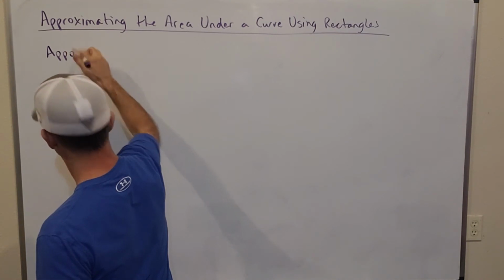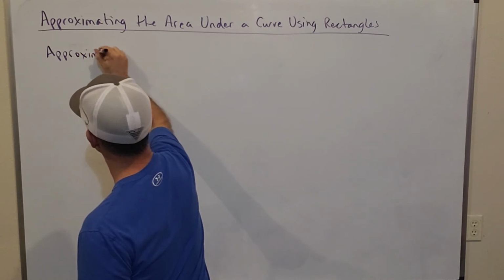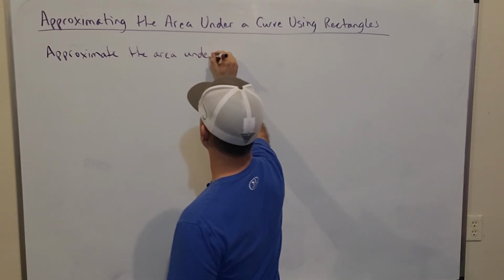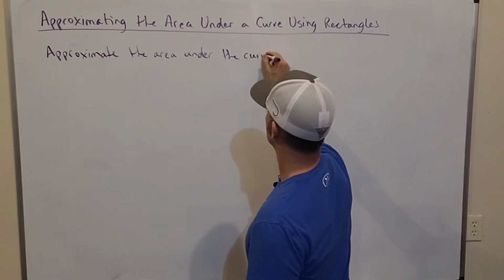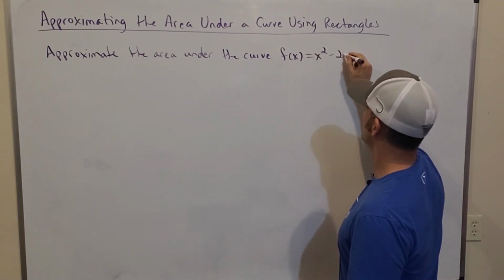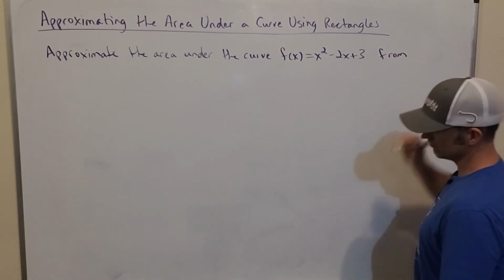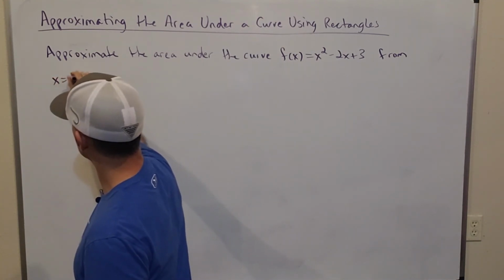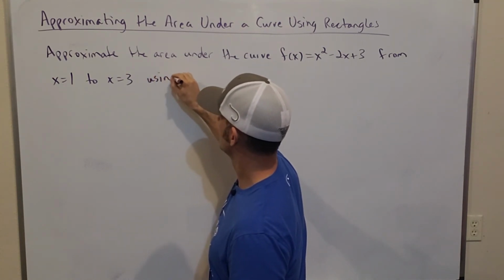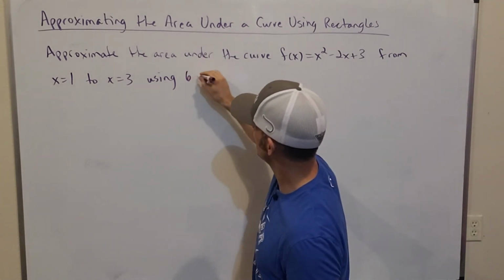Approximate the area under the curve, f of x equals x squared minus 2x plus 3 from x equals 1 to x equals 3 using 6 rectangles.